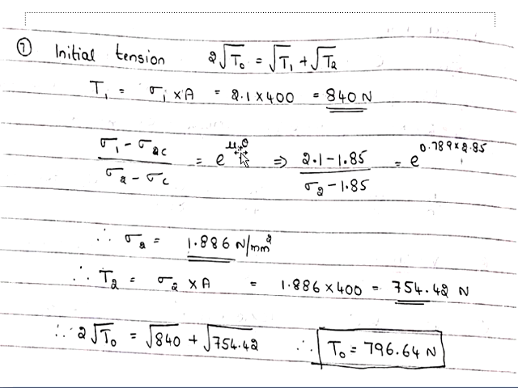Again, here you have to consider e to the power mu 1 theta for V belt drive. Except sigma 2, all other terms are known. So substitute these values, you will get sigma 2 as 1.8. Using this sigma 2, find out T2 value, substitute in the initial tension equation, you will get the final answer, initial tension as 796.64 Newton. So that completes the solution for the second problem.